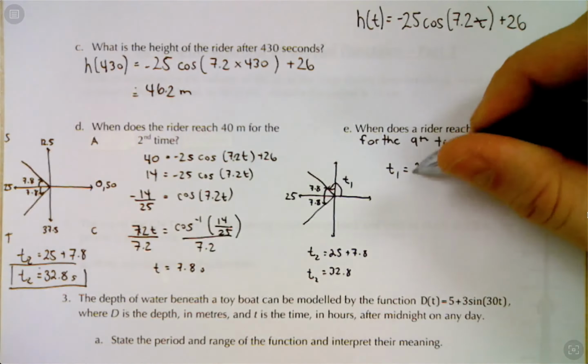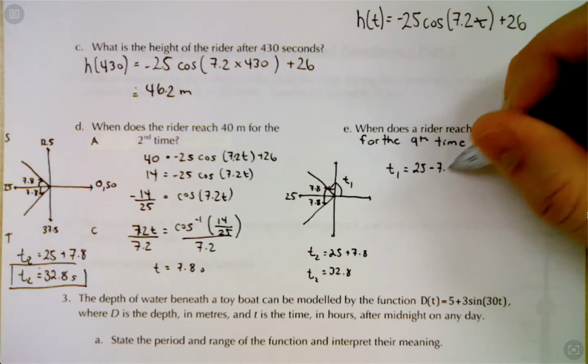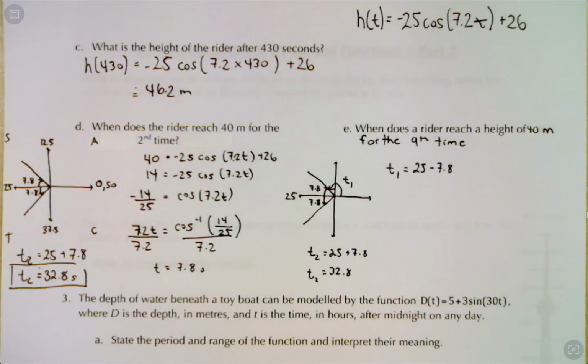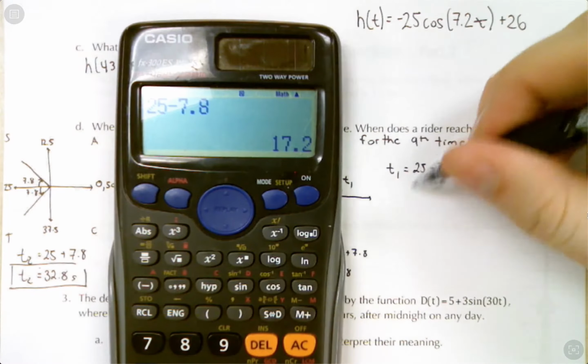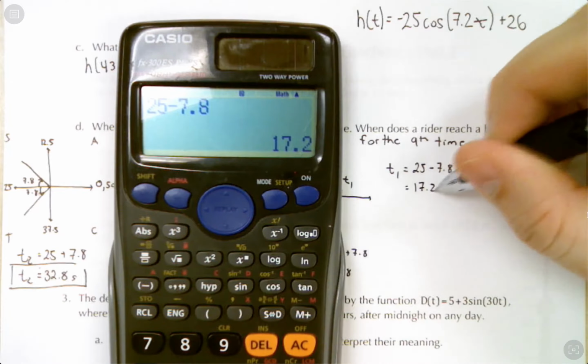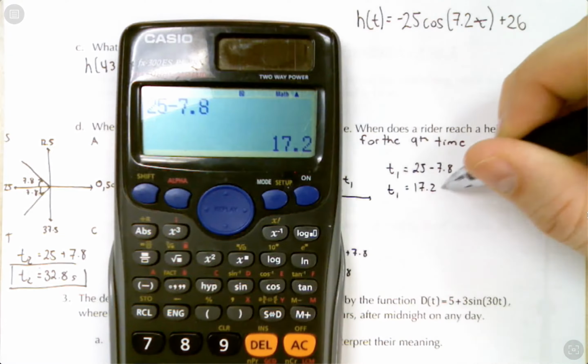Time 1 would be 25 minus 7.8, which is 17.2. That's time 1.